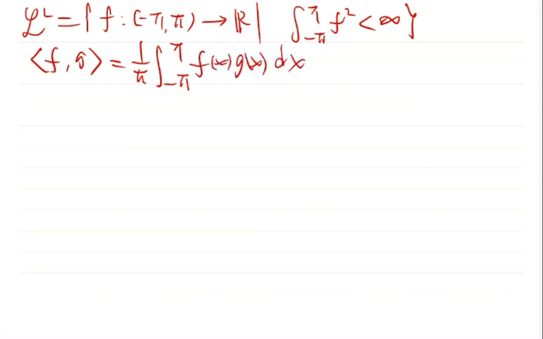With this inner product, this is an inner product space. Once we have an inner product space, we want to take an orthonormal system.